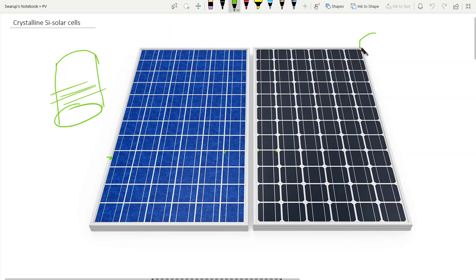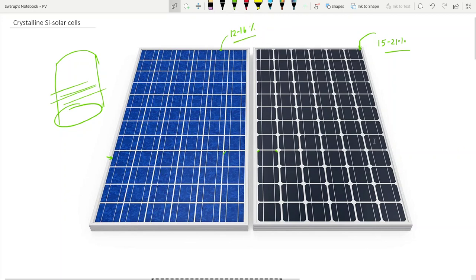Of course, the single crystalline panel will give much better efficiency. In commercial ones, single crystal panels give roughly 15 to 21% efficiency, whereas polycrystalline ones give roughly 12 to 16%, in that range.